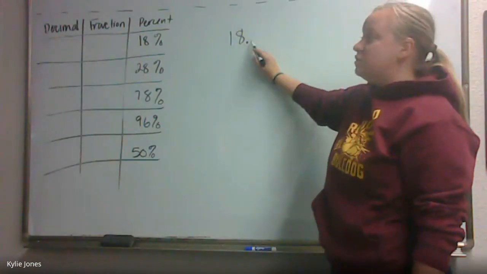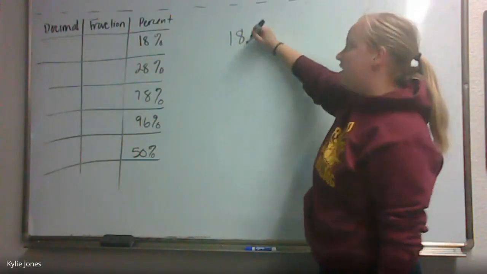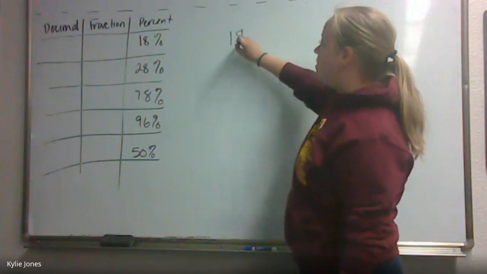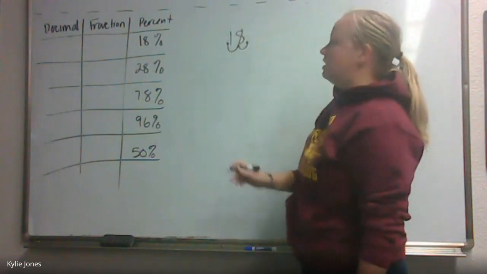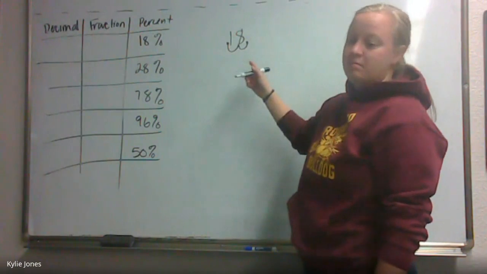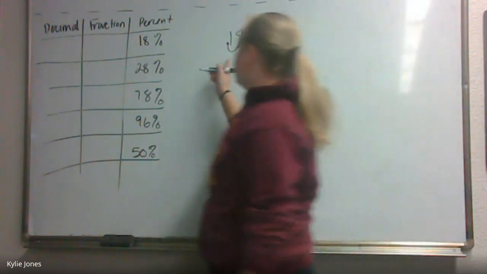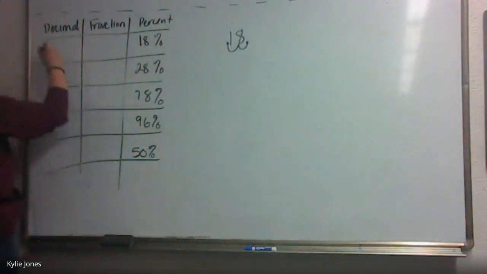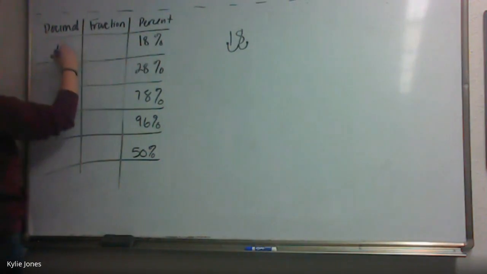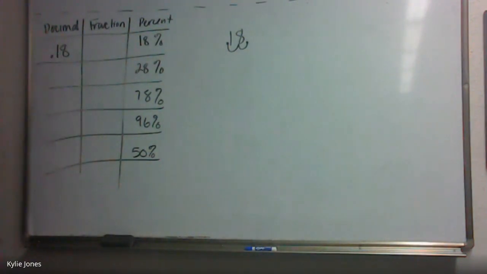Now we need to move it 2 places to the left to change it to a decimal. So we're going to go 1, 2, and it's in front of the 1. So our decimal is 0.18. It's that easy on these ones. Just move your decimal 2 places to the left.